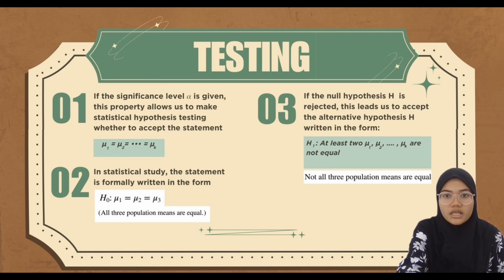If the null hypothesis H-null is rejected, this leads us to accept the alternative hypothesis H-alternative, written in the form not all population means are equal, or at least two means are unequal.